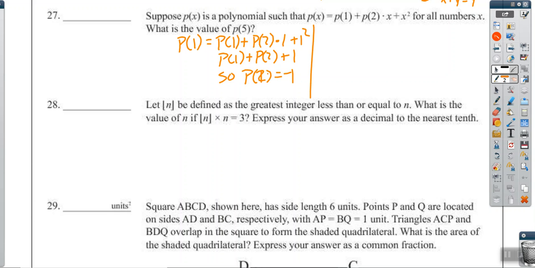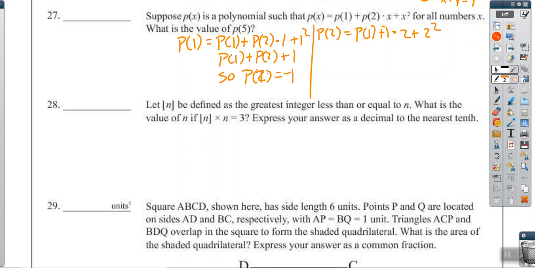So this time let's plug in 2. Let's find p of 2. So p of 2 is, well, we don't know what p of 1 is, but we know that p of 2 is -1, so p of 1 plus -1 times 2 plus 2 squared.